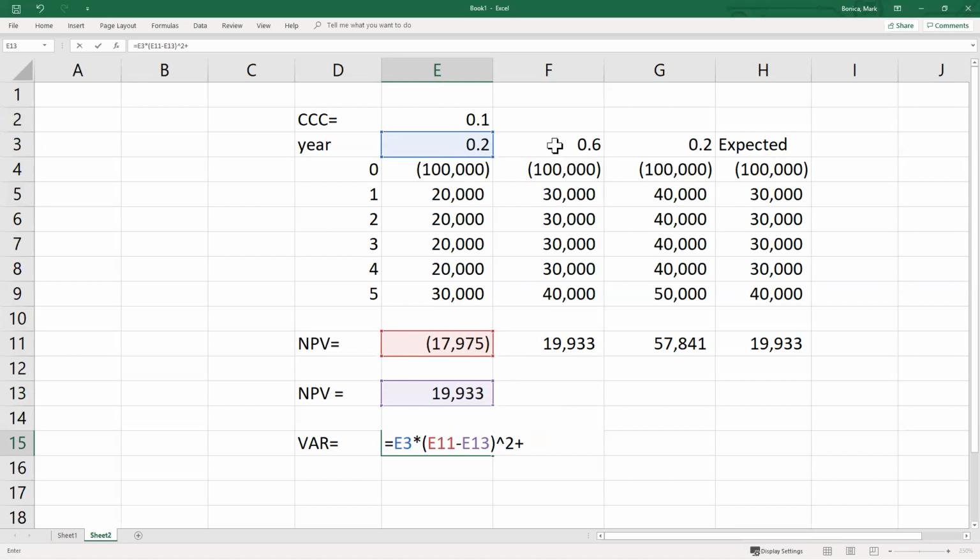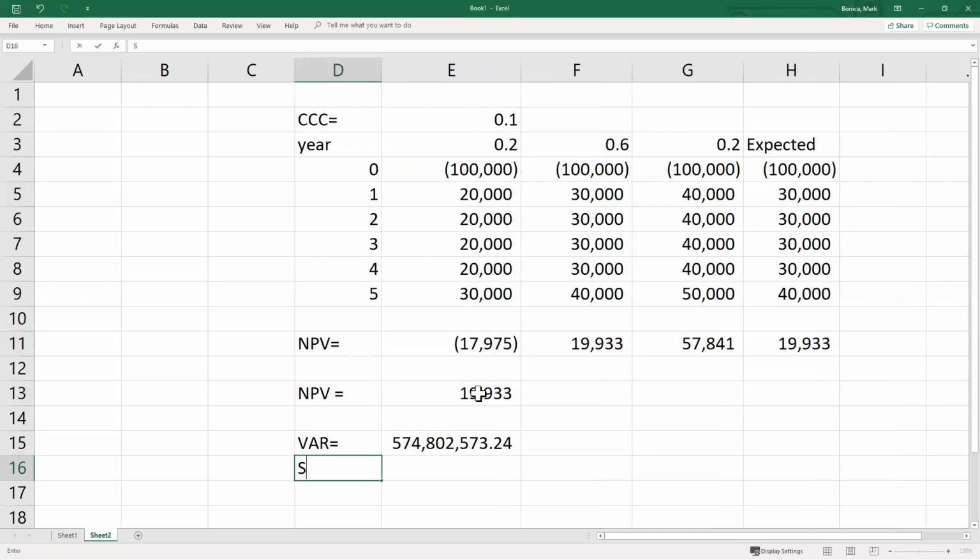So we just do that for each of these. And that one, of course, is going to be 0. Then the standard deviation is just the square root of the variance. Wrong character, need the caret, not the ampersand. And so you get the standard deviation of 23,975.